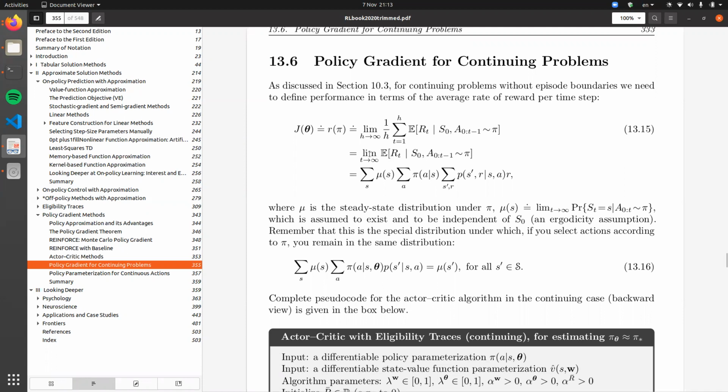This can be rewritten as a sum over the distribution over states, multiplied by the sum over the distribution over actions, multiplied by the sum of the rewards times the transition probabilities.